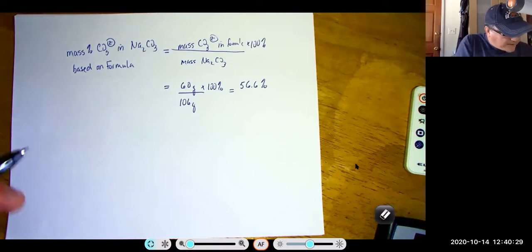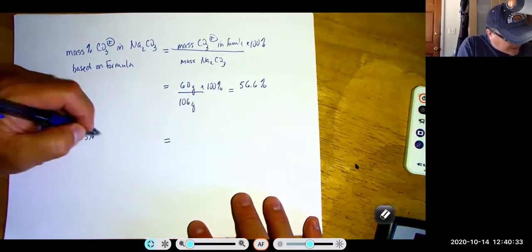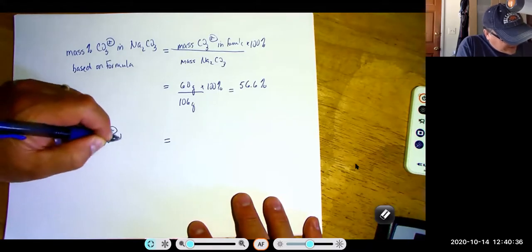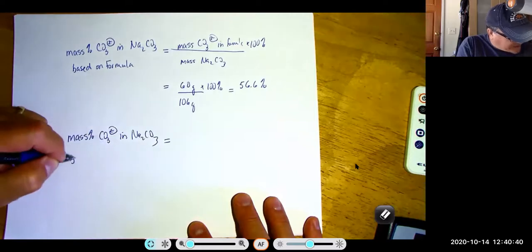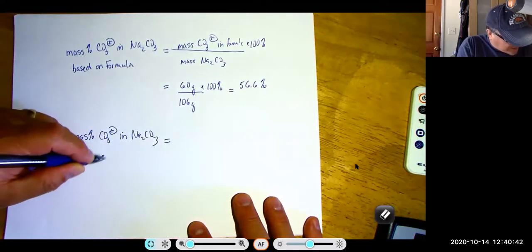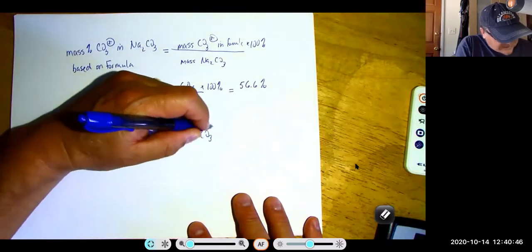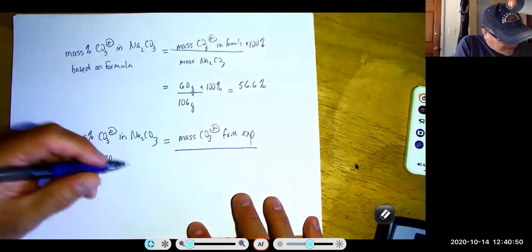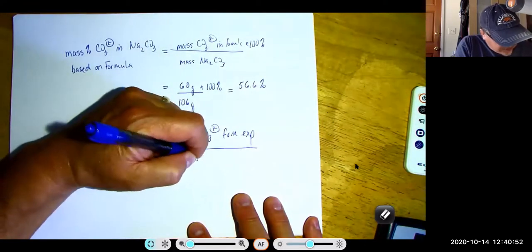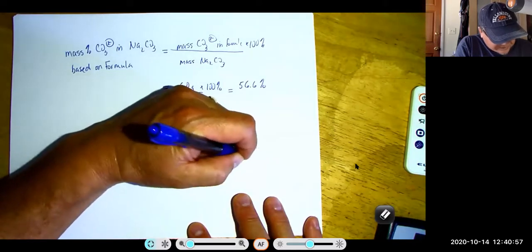For the experiment, the mass percent carbonate in sodium carbonate based on the experiment would be the mass of carbonate from the experiment divided by the mass of sodium carbonate used in the experiment.